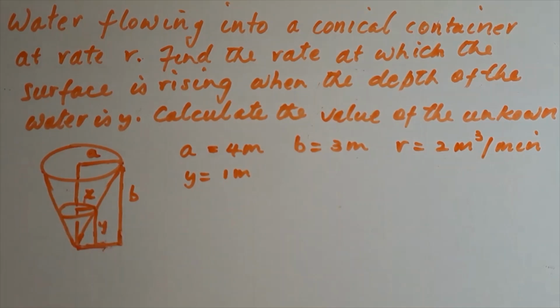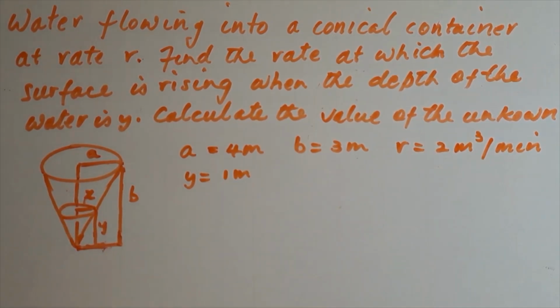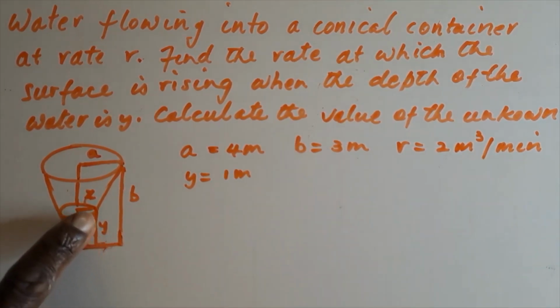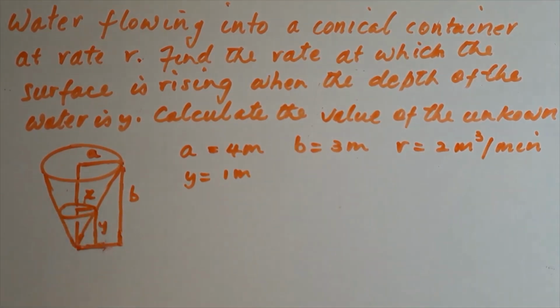And we need to calculate the value of the unknown. So the unknown here is the rate of change of Y. We want to know how the height Y, or the depth of water, changes.